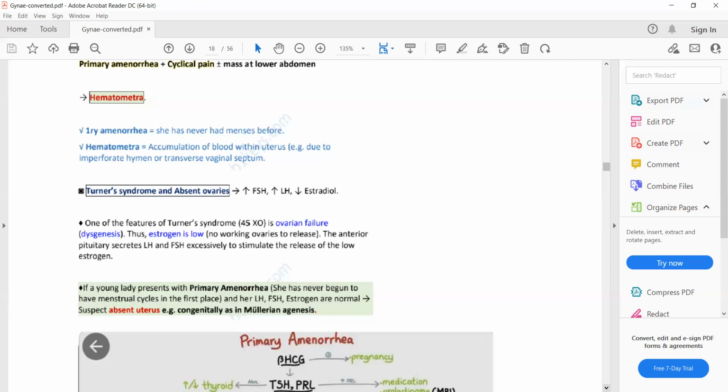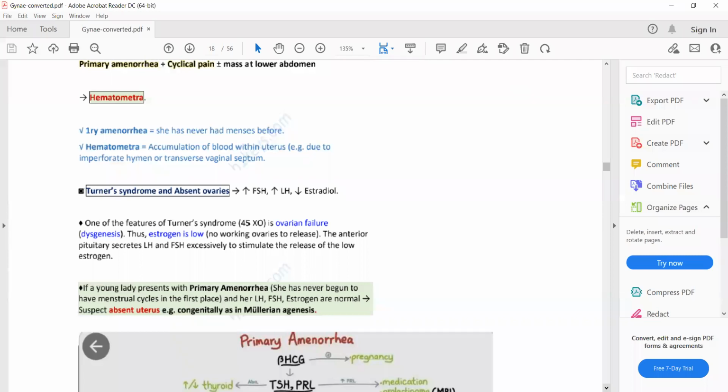This is how congenital adrenal hyperplasia can present. Which other disease has a similar presentation? PCOS, polycystic ovarian syndrome.